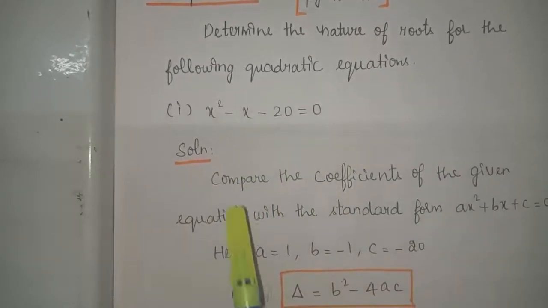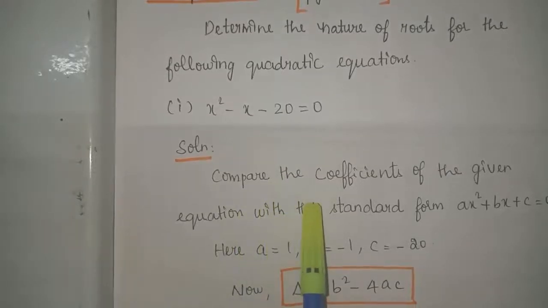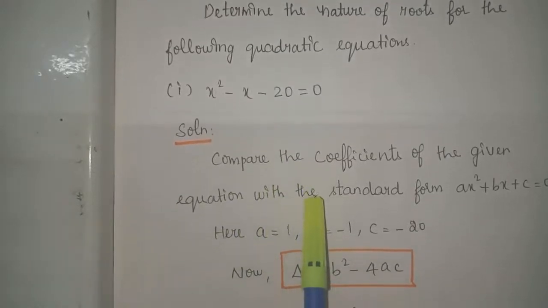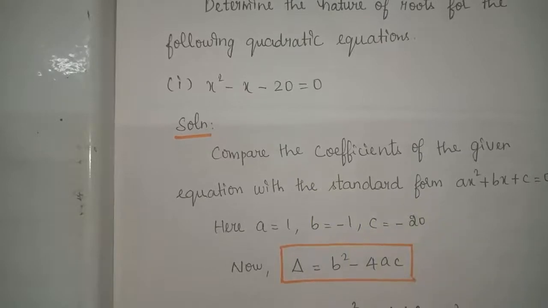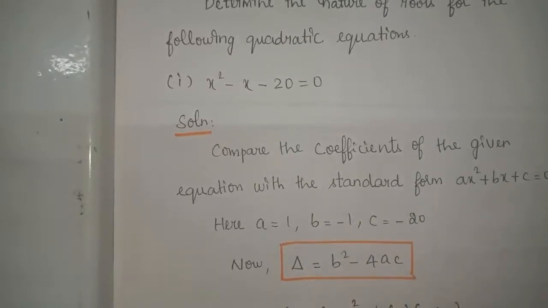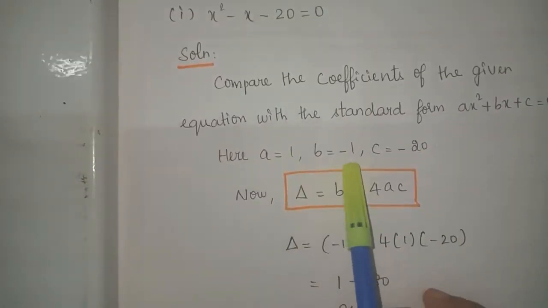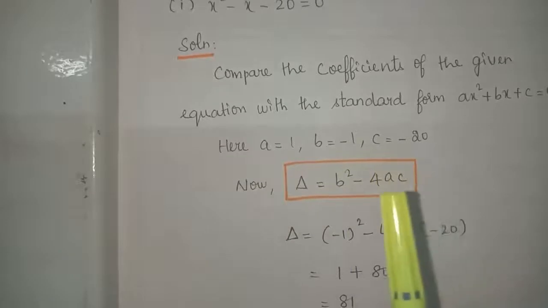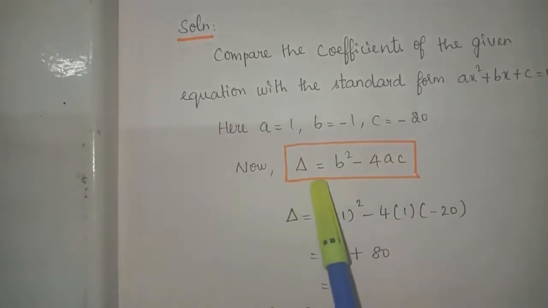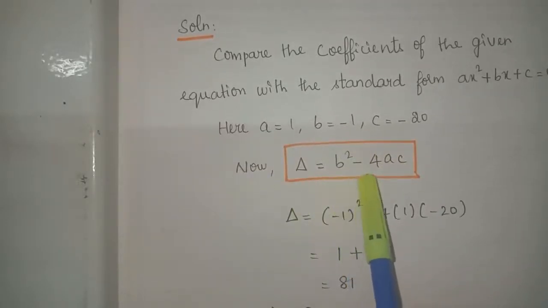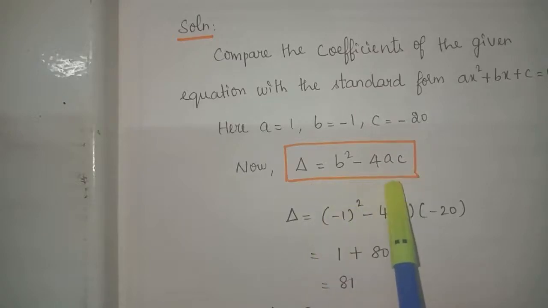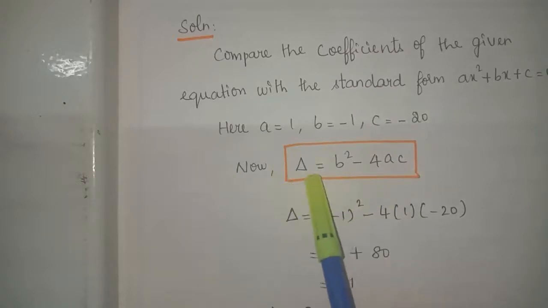Solution: compare the coefficients of the given equation with the standard form ax² + bx + c = 0. Here a = 1, b = −1, c = −20. Now delta = b² − 4ac. This is the formula we know. This is nothing but the discriminant.